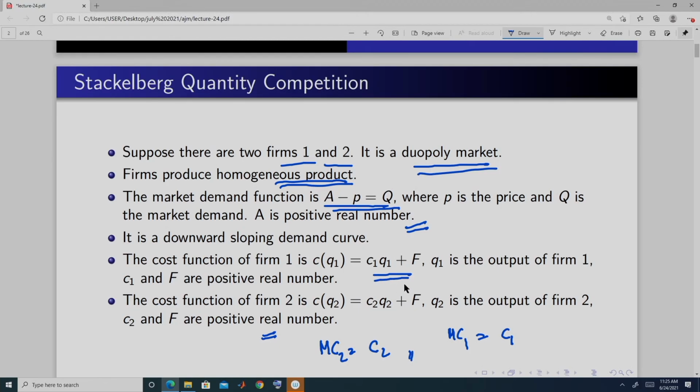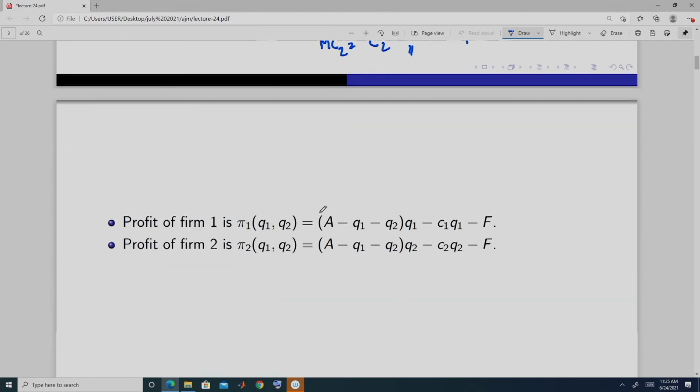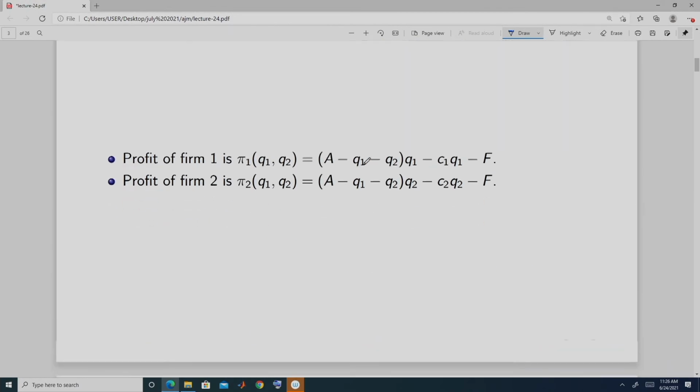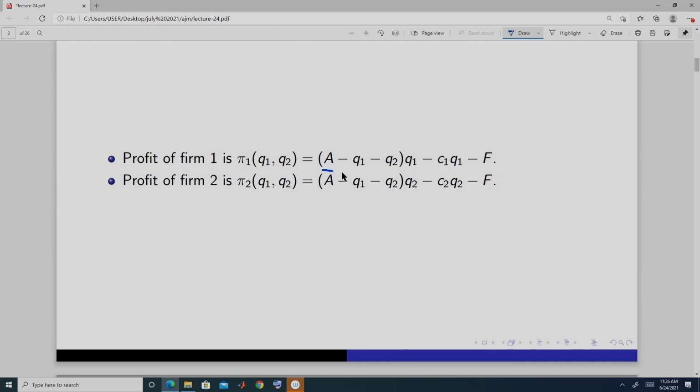So, the firms have a cost function of this nature and the market demand is this. Now, we define the interaction. Based on this cost function and this market demand, we get the profit function of firm 1 of this nature. This is Q1, the output of firm 1, and this is Q2, the output of firm 2. So, this is the aggregate, this is the market price and this is the output of firm 1.